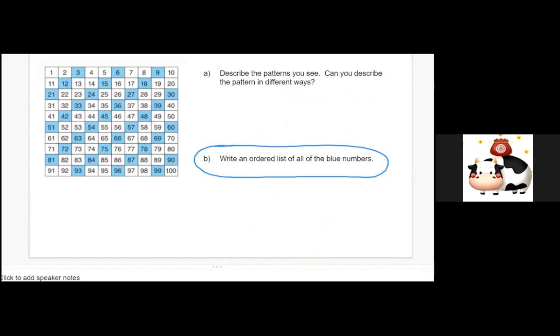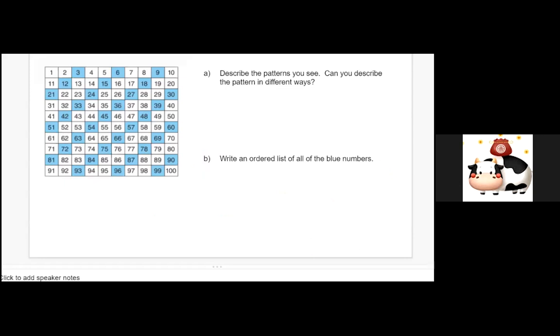A list that's ordered. Yeah, exactly. Philip, what did you want to say? I also want to say the list is ordered. Yeah, exactly. Meaning the order matters. You can't just start randomly naming numbers. You can't say 9, 6, 75, 57. That's a list of numbers, but it's not ordered. It's not in the right order.